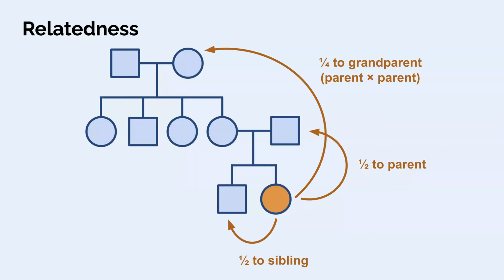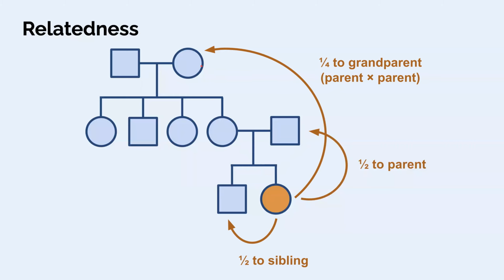Then you can use these same calculations and basically just multiply them out as you go farther away. Your relationship to your grandparents: you are 1/4 related to a grandfather or a grandmother. The simple calculation is that you're 1/2 related to your mom and she's 1/2 related to her mom.